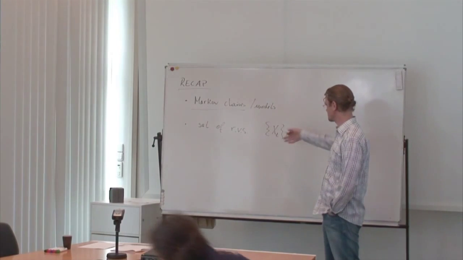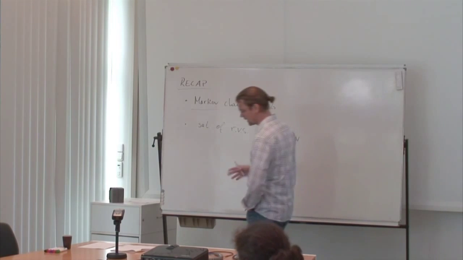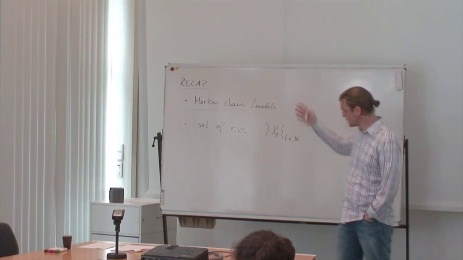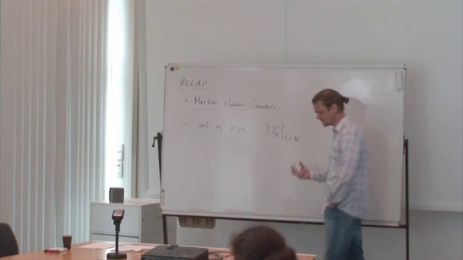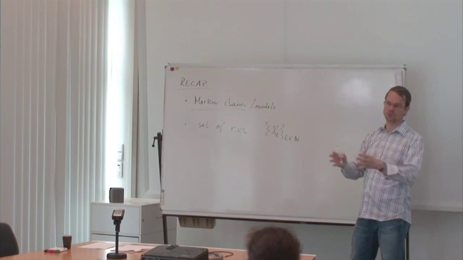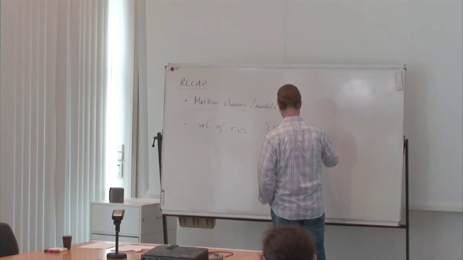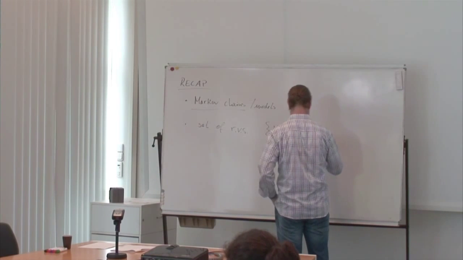One of the xt could be the weather today, xt plus 1 would be the weather tomorrow, xt plus 2 would be the weather 2 days from now, and so on and so forth. So these are random variables that characterize the state of something at a certain point in time.